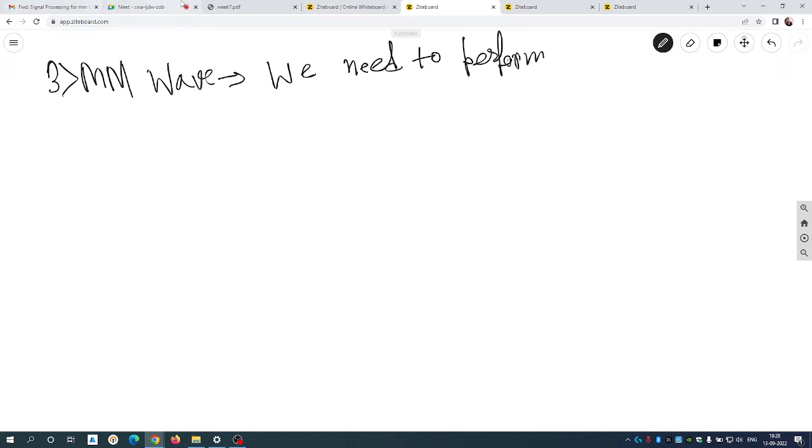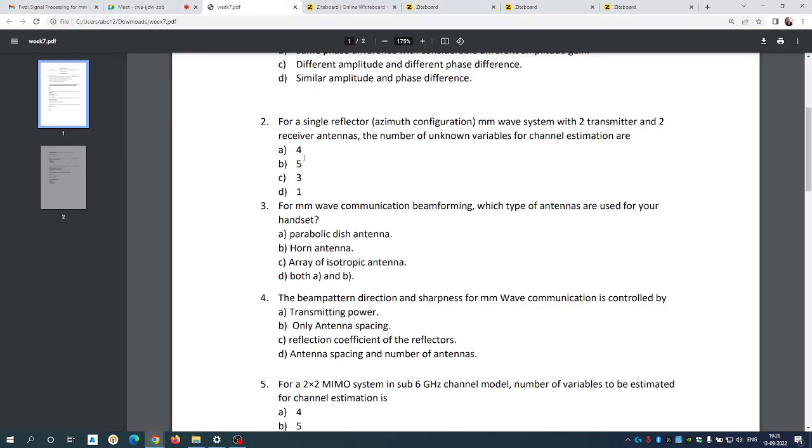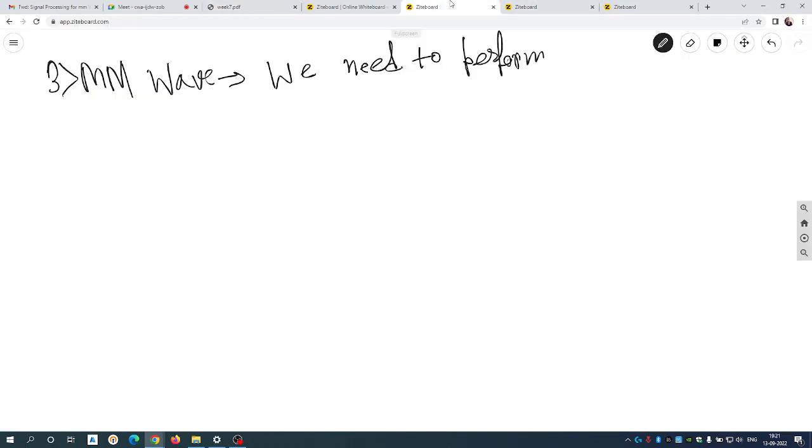So the third question, I already forgot. That question was: for millimeter wave communication beamforming, which type of antenna is used? So you can think that we need to perform beamforming there, first of all. That is the main thing you need to do in millimeter wave.